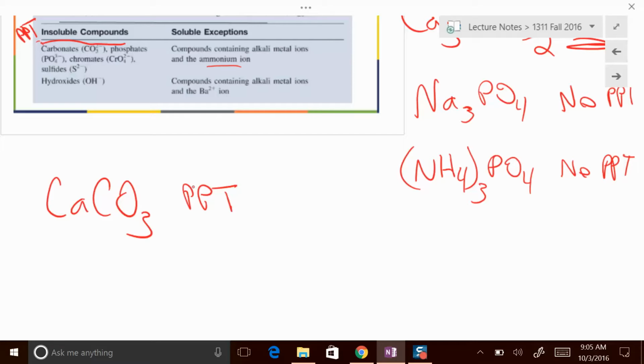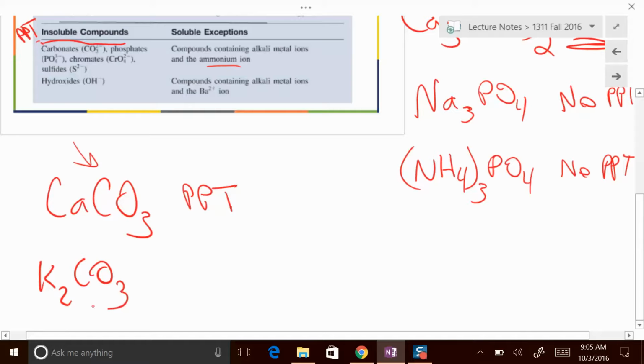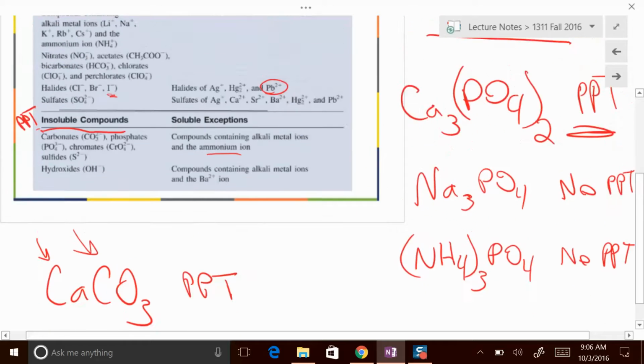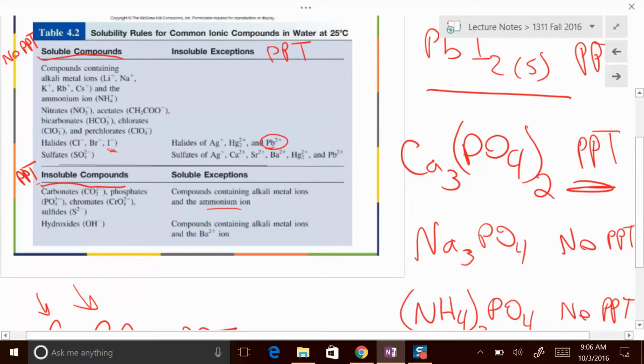I have to start with something that is a soluble carbonate. Give me a soluble carbonate. Potassium carbonate, K2CO3. Now give me something that is a soluble calcium product. Here's your chart. Here are the anions that are soluble. These are soluble anions.